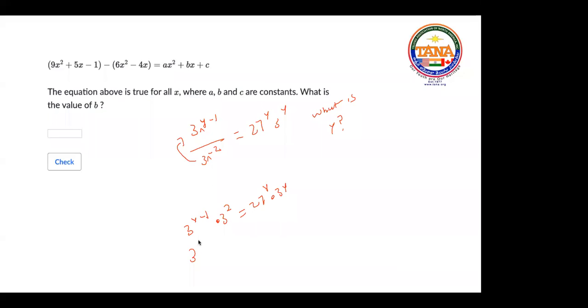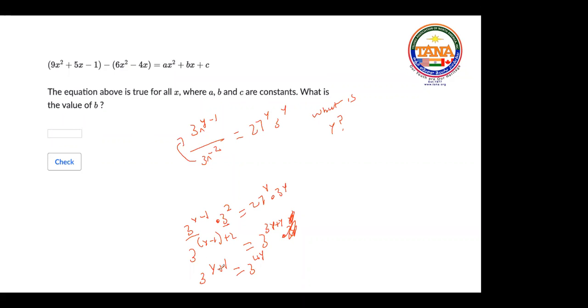So you have 3 to the y minus 1 plus 2, because the bases are the same and you're multiplying, so you can add. So you have y minus 1 plus 2 equals 3 to the third of y, because 27 is 3 to the third, times 3 to the y, which is just plus y. Now you have 3 to the y plus 1 equals 3 to the 4y.